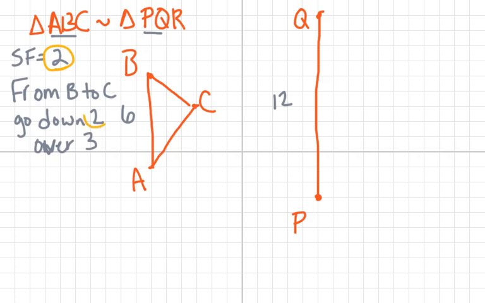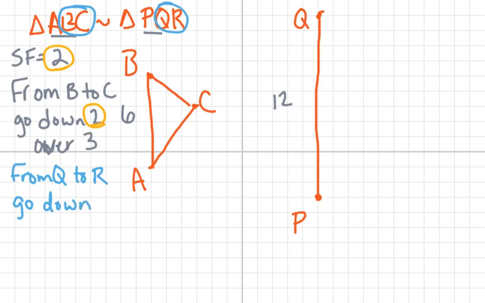So if I'm going down 2 from B to C, that means from Q to R, and the reason I'm picking Q and R is because it's in the same spot as B to C. So from Q to R, I'm going to have to go down, instead of 2, 2 times 2, because it has to be twice as many.